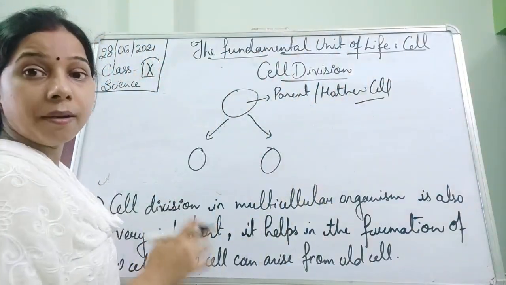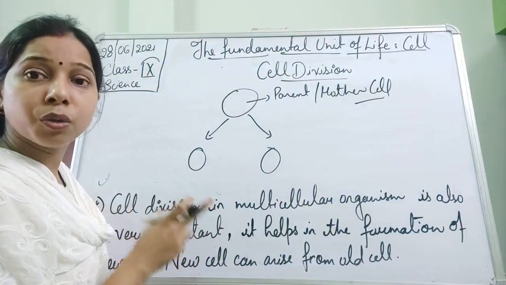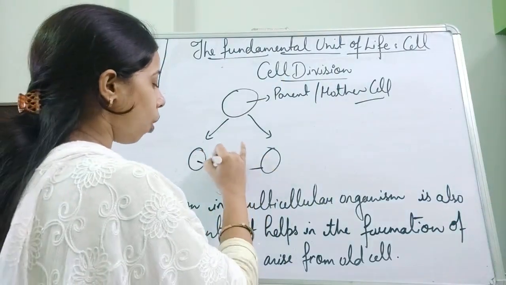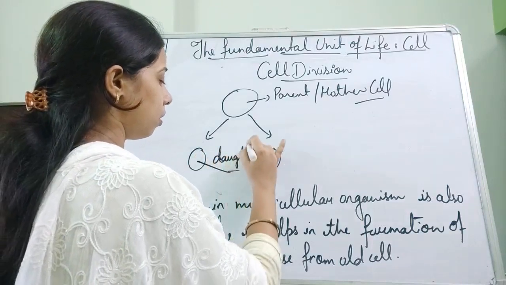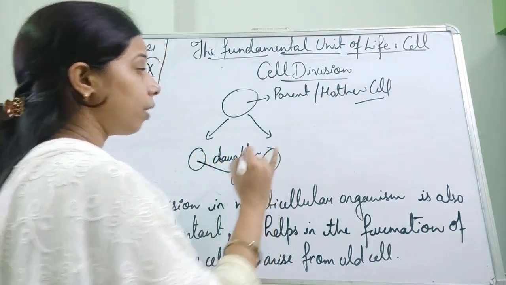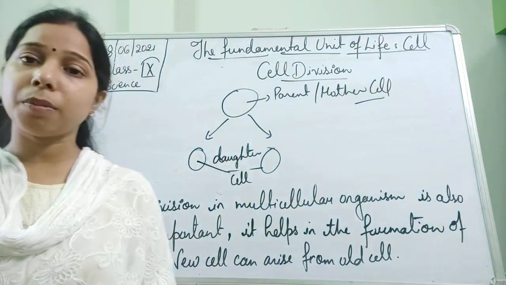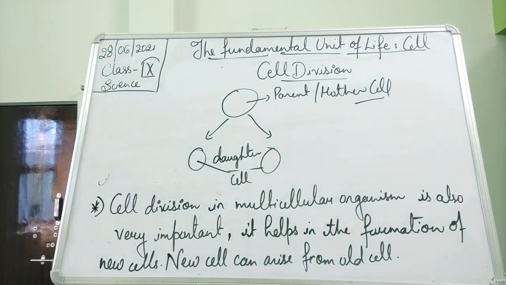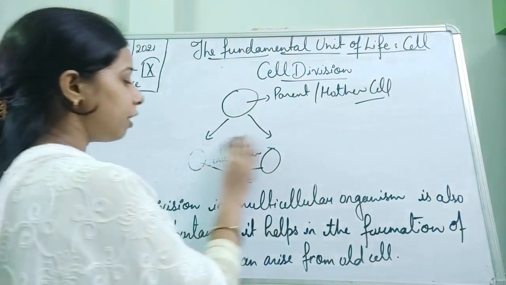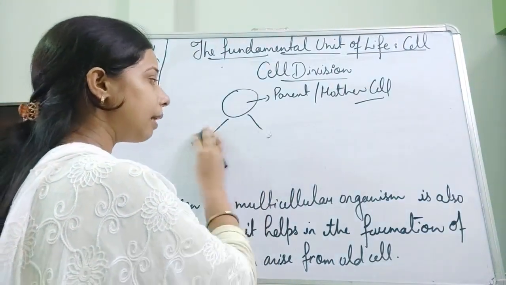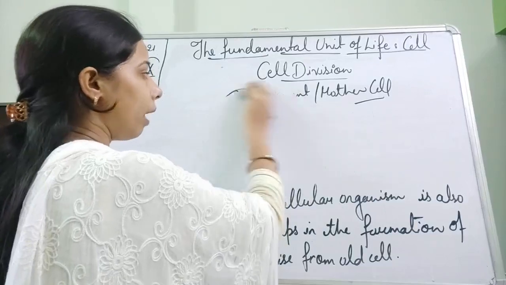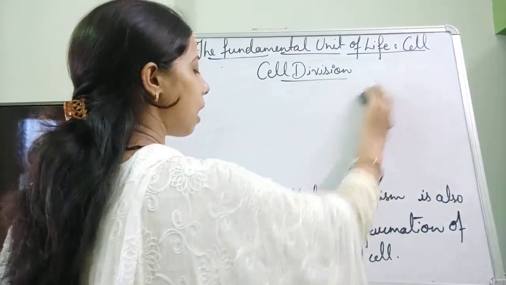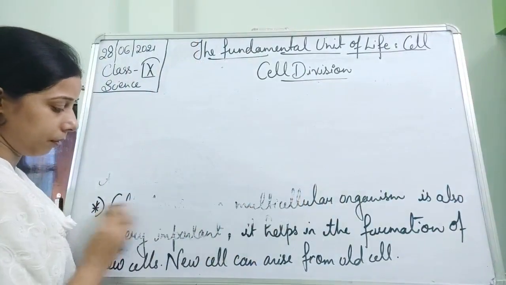This mother cell divides to give two small cells, that are called daughter cells. So mother cell is responsible for giving rise to daughter cells. So here on the basis of the number of chromosomes a mother cell and a daughter cell have, we have categorized it into two, and that is mitosis and meiosis.